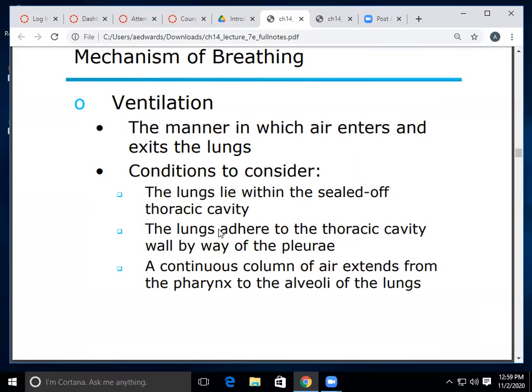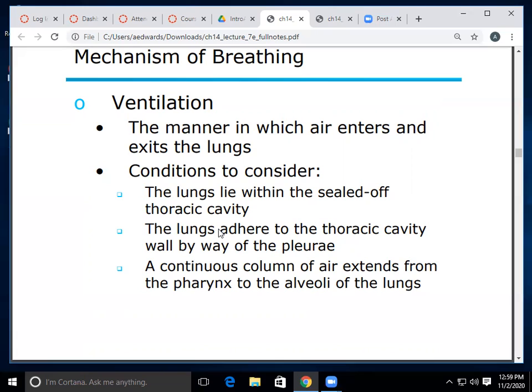include the fact that the lungs are within a thoracic cavity, which is said to be sealed off, right? It's not directly exposed to the outside of the body. The lungs are also going to adhere to the wall of the thoracic cavity because of that parietal pleura we just talked about.